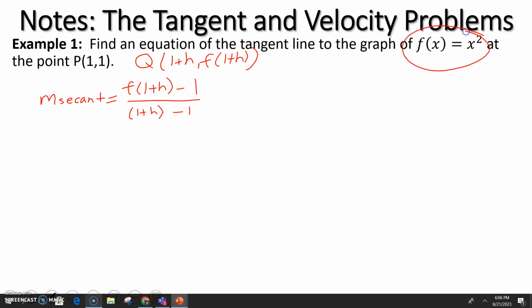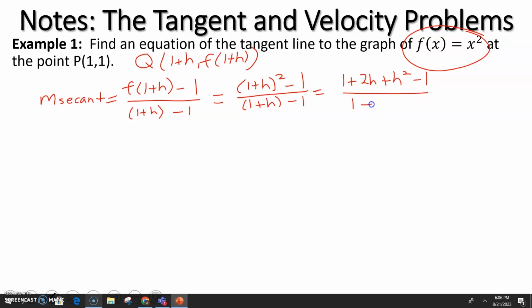Now remember, f of x is x squared, so f of 1 plus h is 1 plus h squared. So we have 1 plus h squared minus 1 over 1 plus h minus 1. Expanding this becomes 1 plus 2h plus h squared minus 1 over 1 plus h minus 1.